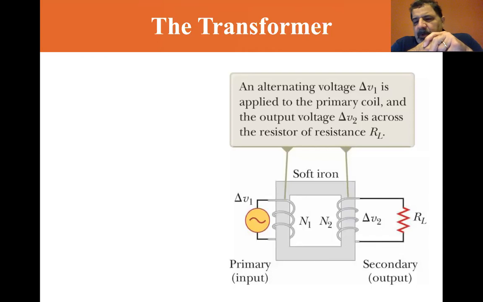And you had experience with this with the little solenoids that you had, and you know that in order to increase the induced current on the secondary side, you put an iron core into the center of the coils.